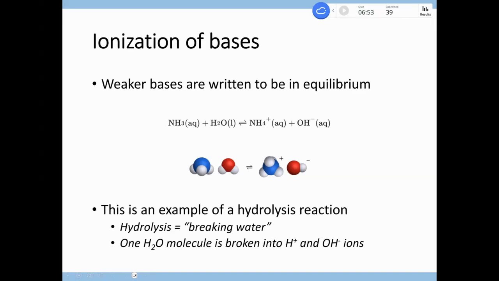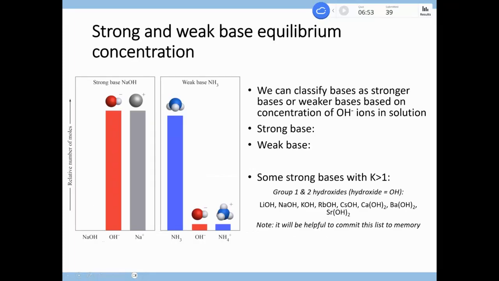More OH- would mean a base was added, bases produce the OH-. Okay, so again, strong and weak bases. Strong bases have high OH-. Weak bases have low OH-.